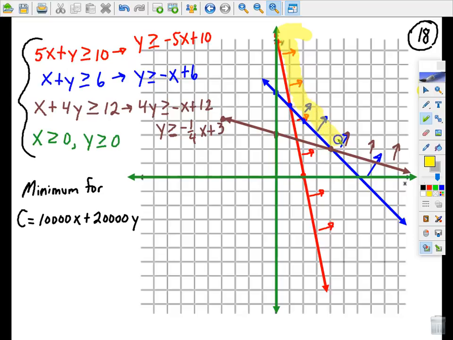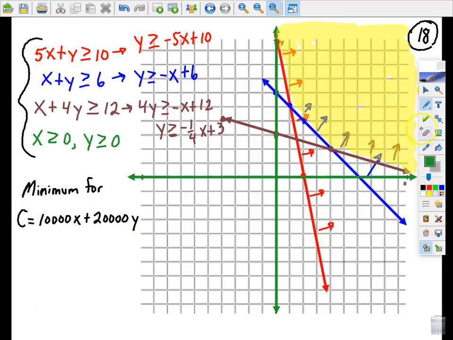We can't go below the blue. We can't go below that reddish maroon. And this is another one of those unbounded feasible regions. It goes on forever and ever in this direction. But really all we're interested in is taking the vertices and seeing which one will give us a minimum value for the function.